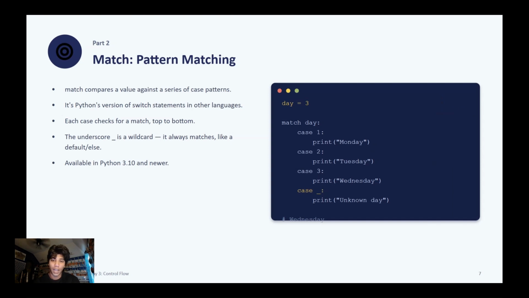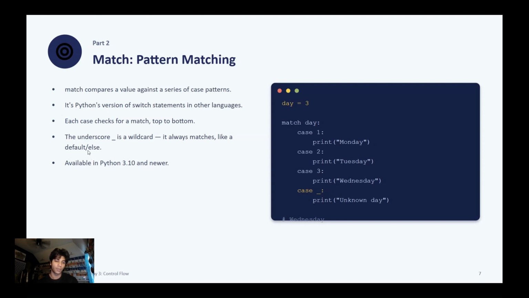It's like a case by case thing. It's Python's version of switch statements in other languages. So I don't know if you guys have worked with other languages, but it's basically switch in other ones. Each case checks for a match top to bottom, and the underscore is a wildcard. So it always matches like a default else. So basically, it's just an else statement here.